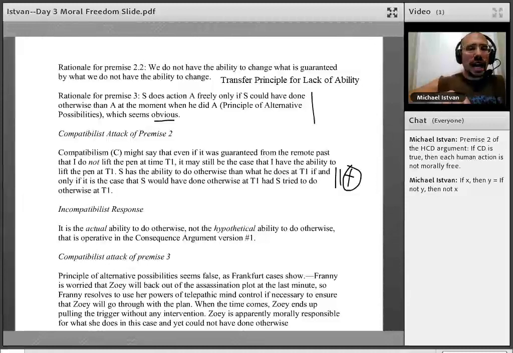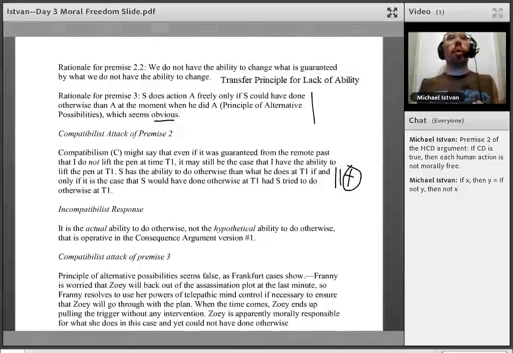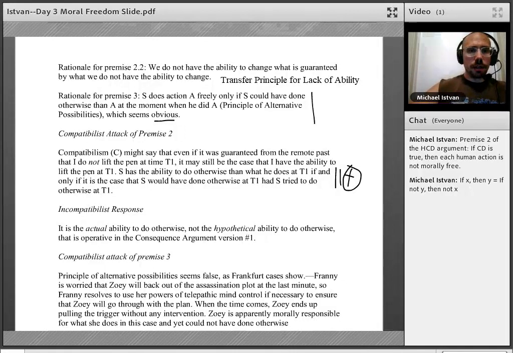I would not have been able, say, to fly away had I tried, right? I couldn't have just flown away at time 1, but I could have lifted the pen had I tried. I would not have been able to fly away or to turn into a dinosaur had I tried, but I surely would have been able to lift the pen had I tried.